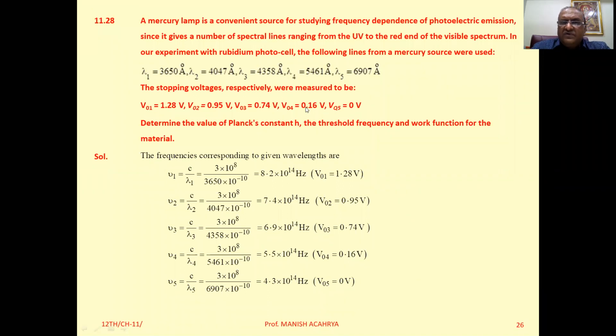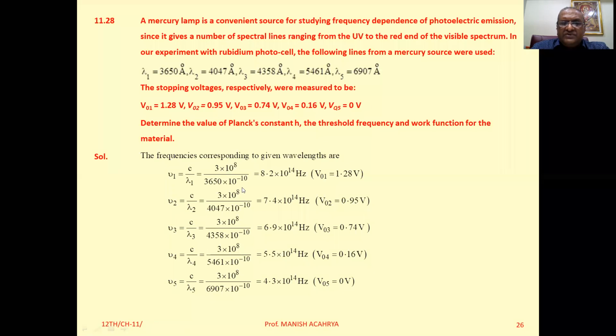So from this, first of all, we have to calculate the frequency of each radiation. So frequency, that is C by lambda. As per this equation, the frequency associated with the first wavelength of light, that is nu1, equals C by lambda 1.